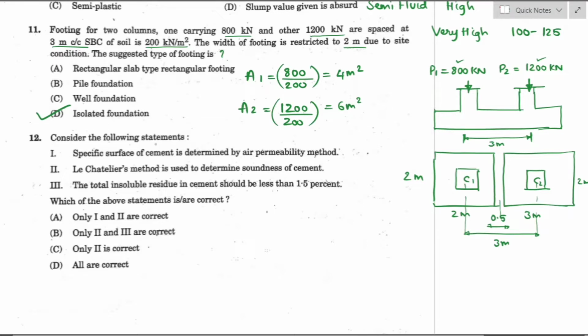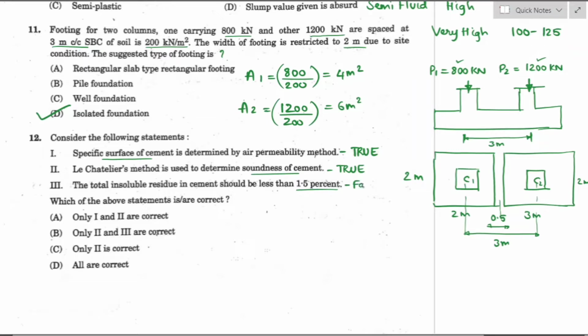Question number 12. Consider the following statements. Statement 1. Specific surface of the cement is determined by air permeability method. This statement is true. Statement 2. Le-Chatelier method is used to determine soundness of the cement. This statement is also true. Statement 3. The total insoluble residue in cement should be less than 1.5%.